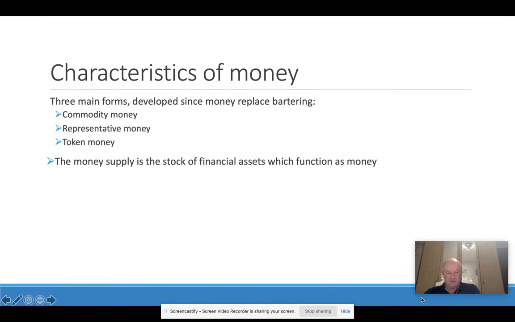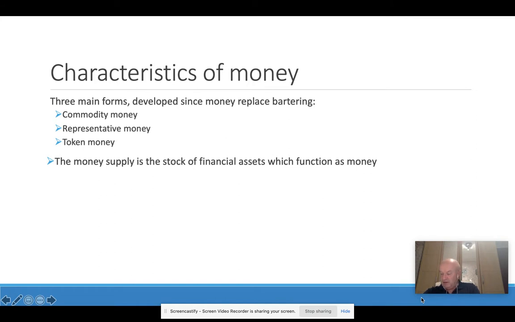Now clearly there were some issues around that, but fundamentally there are 3 main forms of money. So the first one is commodity money, and that's very much where the thing that was being used as the item of money had some sort of intrinsic value.